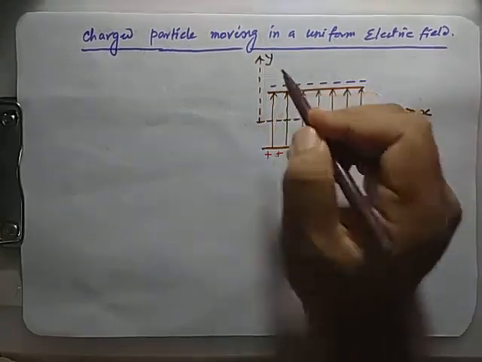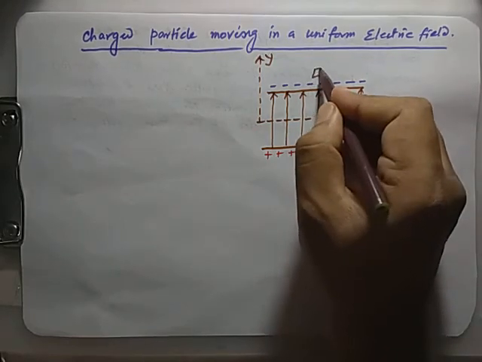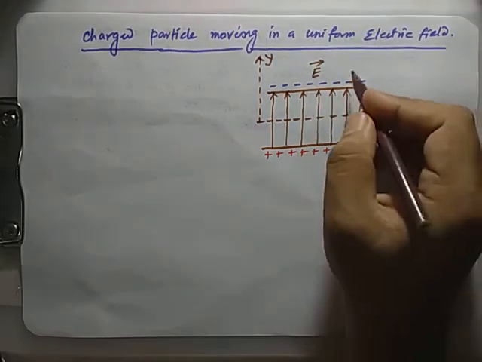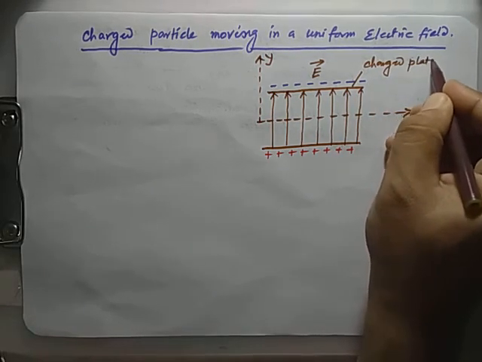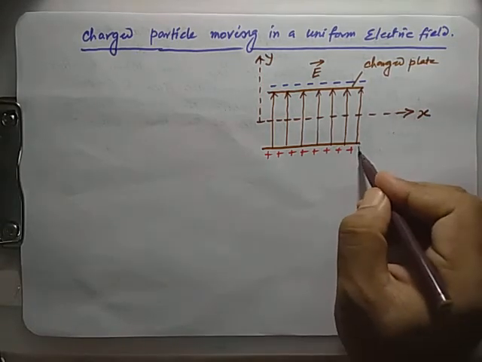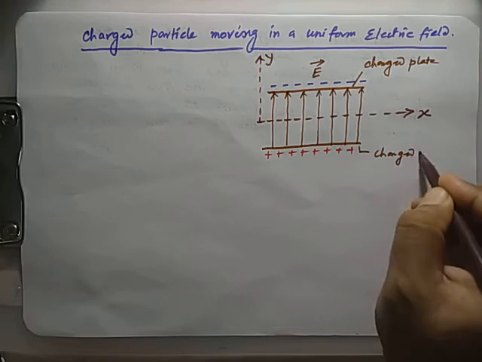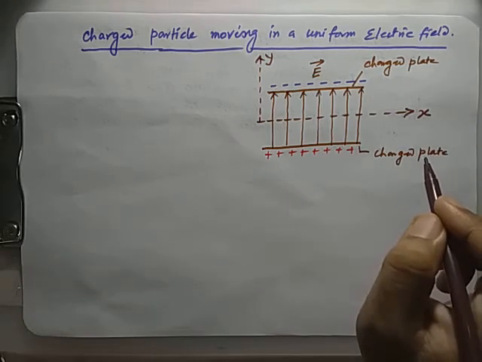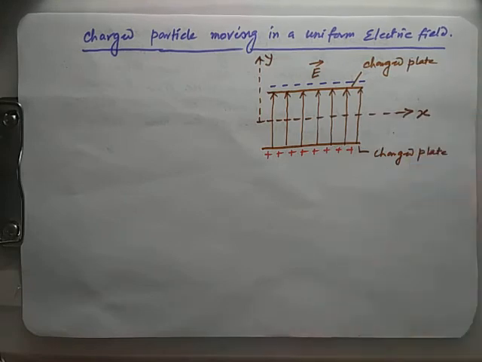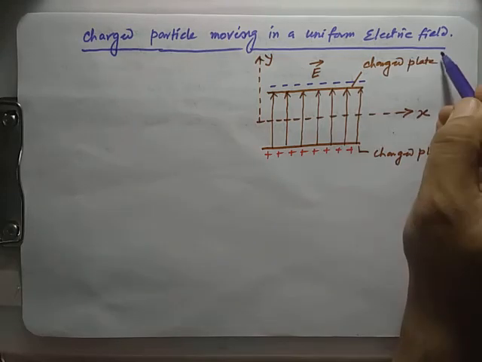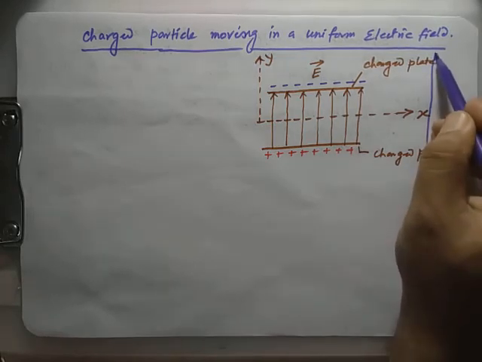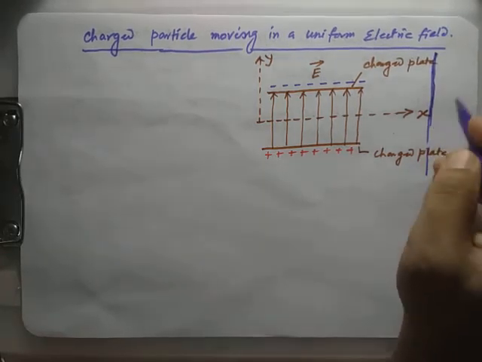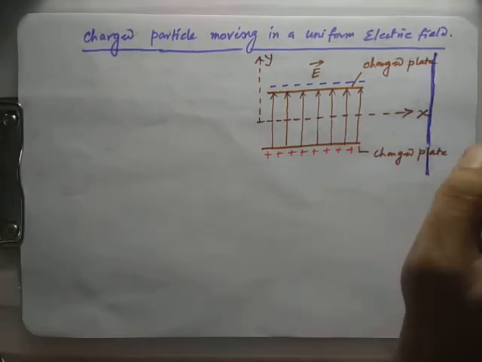Now electric field E is applied, and these are the charged plates. On this side there is one detector, or you can say a screen. Draw a screen here, like this.